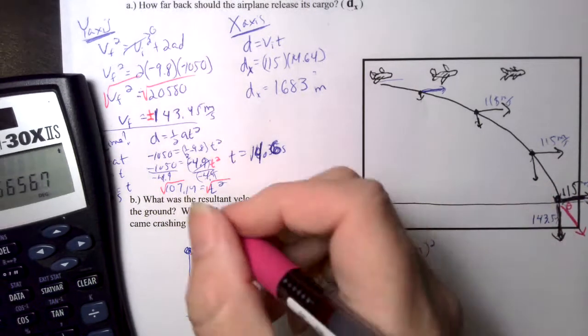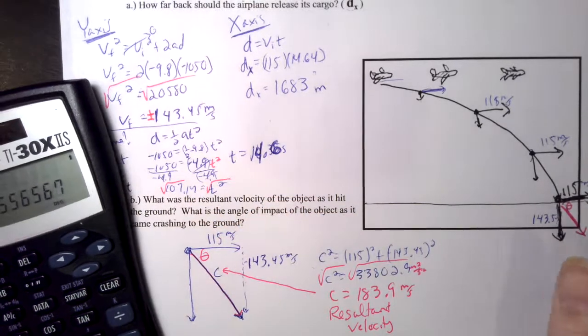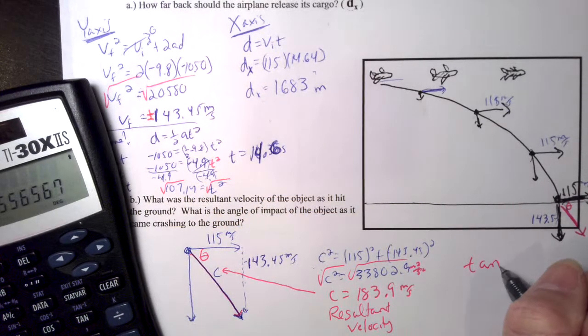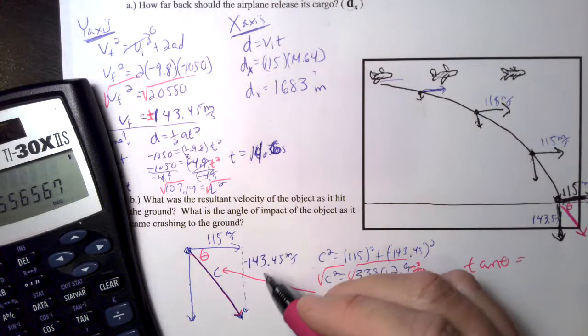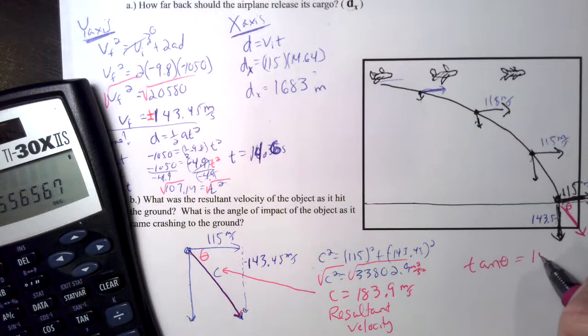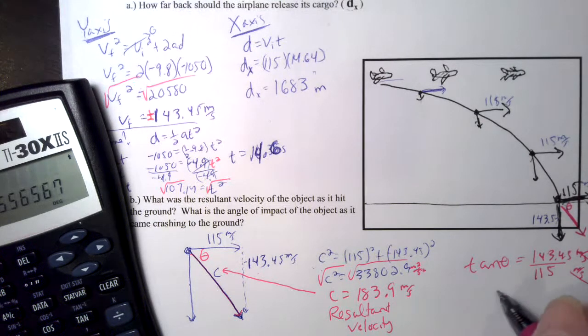Right, now we're going to find that impact angle. You've got to choose the opposite. It's opposite over adjacent. 143.45, that velocity, divided by the adjacent length. There are meters per second here and meters per second here, so they cancel out.